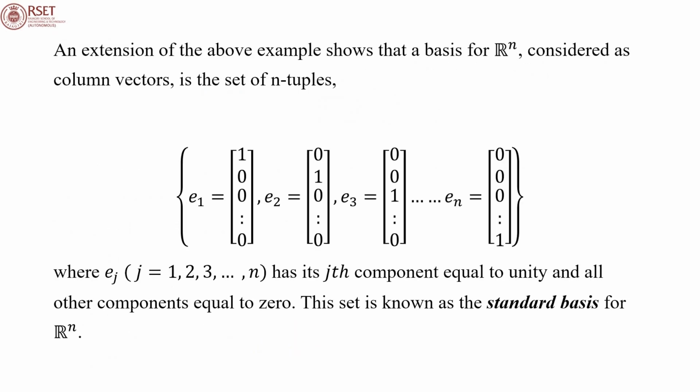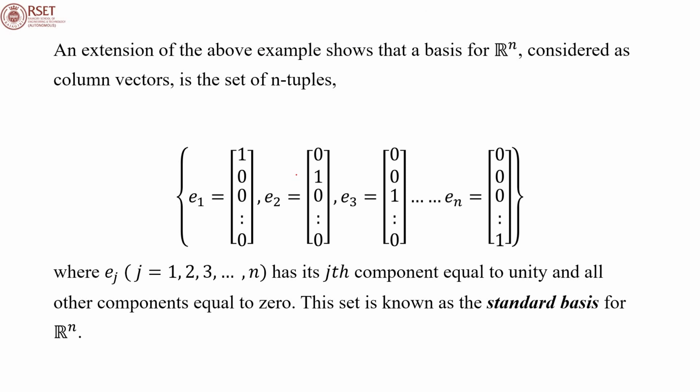An extension of the above example shows that a basis for Rn, considered as column vectors, is the set of n-tuples E1 = (1, 0, 0, ...), E2 = (0, 1, 0, ...), ..., En = (0, 0, ..., 1), where Ej has its jth component equal to unity and all other components equal to 0. This set is known as the standard basis for Rn.